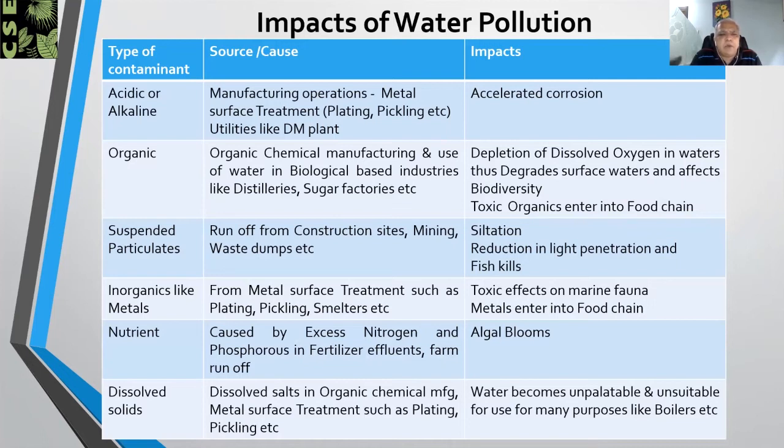The various types of contaminants can be grouped into organic pollutants, particulates, suspended particulates, inorganics like metals, heavy metals, nutrients, dissolved solids, and acidic or alkaline effluents.